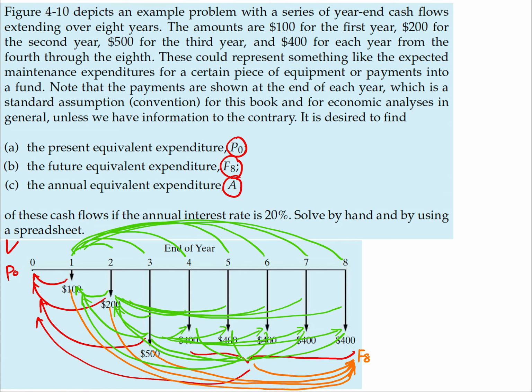So on this diagram, you have a series of year-end cash flows extending over 8 years. Okay, so you have 8 years. The amounts are 100 for the first year, 200 for the second year, 500 for the third year, 400 for each year from the 4th through the 8th.